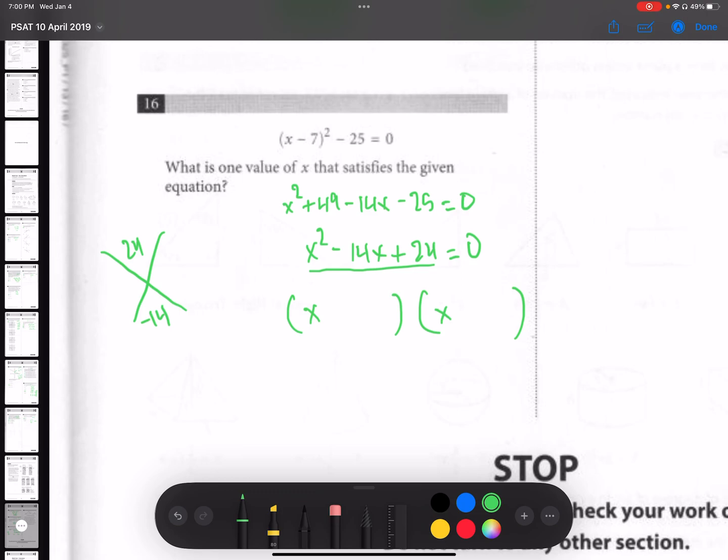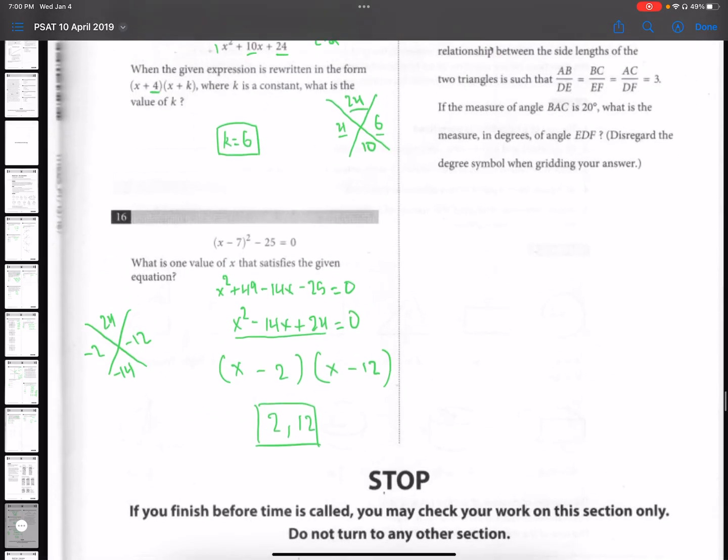This is negative, so we have two negatives. If you multiply two negatives, you will get a positive, and if you add two negatives, you'll get a negative. So that means that we can take negative 2 and negative 12, because if you multiply them, we get 24. We add them, we get negative 14. So that means that our answer choices are either 2 or 12. It can be one of them. So that's our answer.